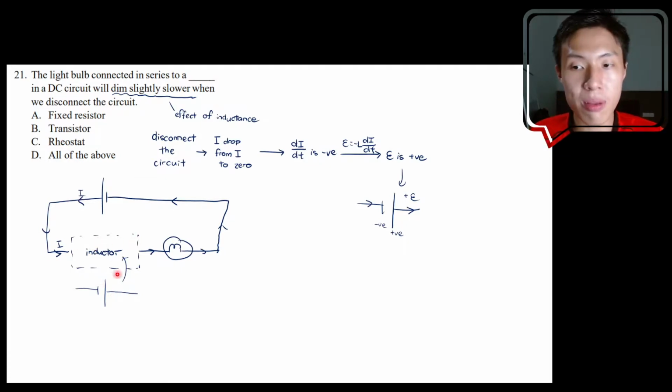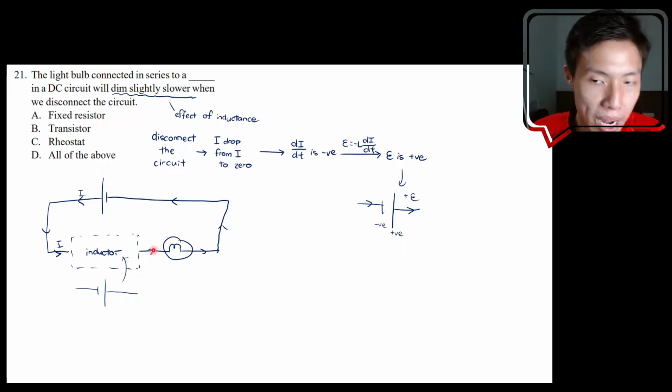But now you see, when you are dropping it to 0, the inductor can suddenly function like a battery like this. And this battery is actually pumping charges from negative to positive. So if you replace the inductor with a battery that looks like this, it is as if this inductor is helping the current, helping you to pump the charges in this direction.